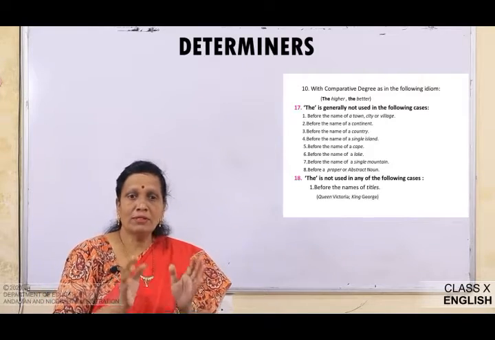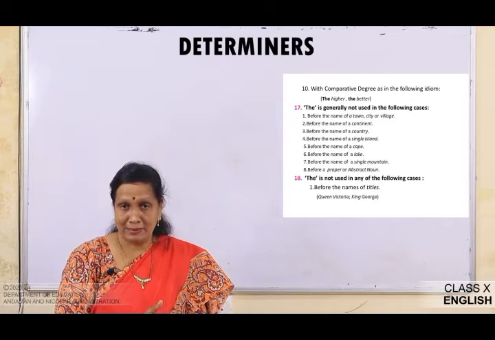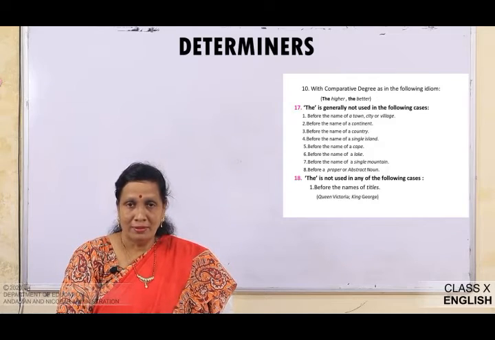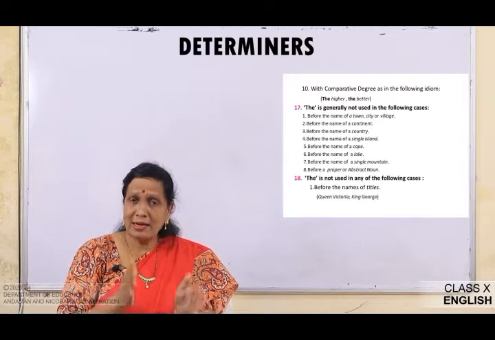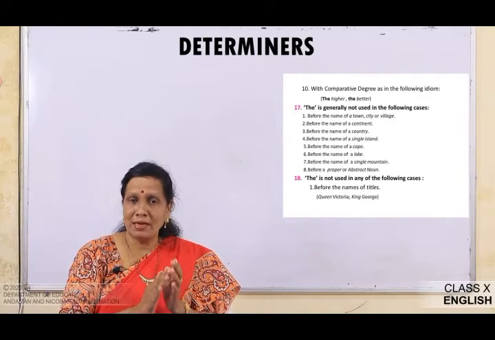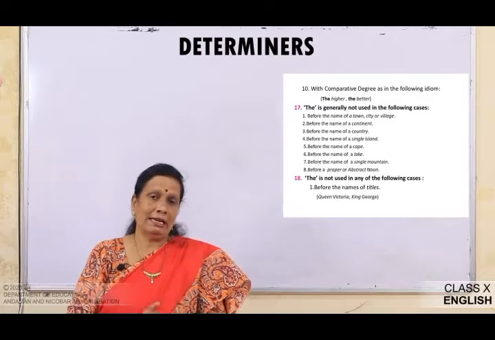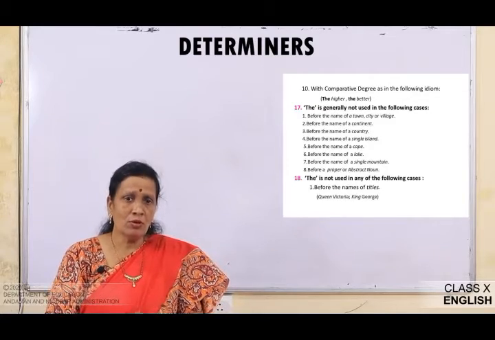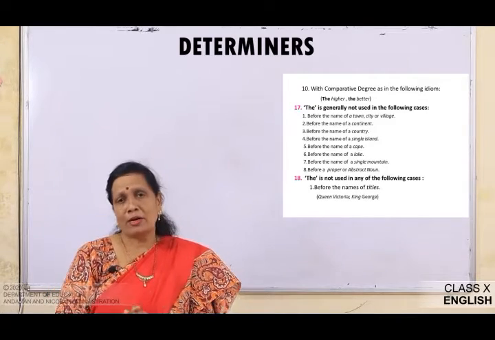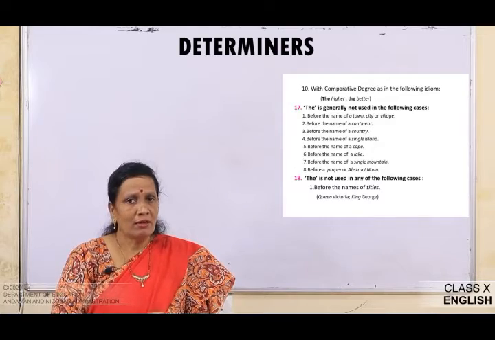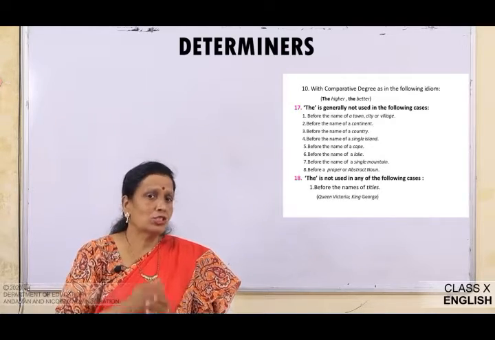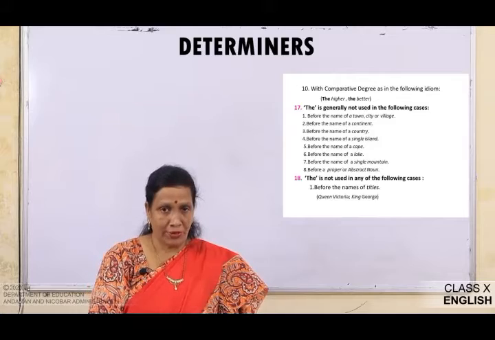And before the name of a single island. Okay? Our islands are a group of islands, the Andaman and Nicobar Islands, they are a group of islands. So, we say the Andaman and Nicobar Islands, but a single island does not have the before it.